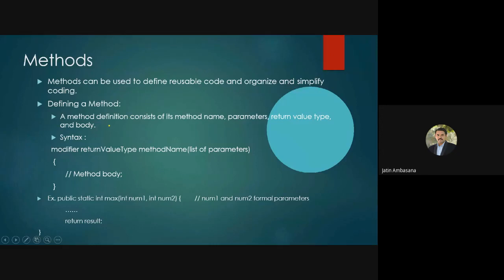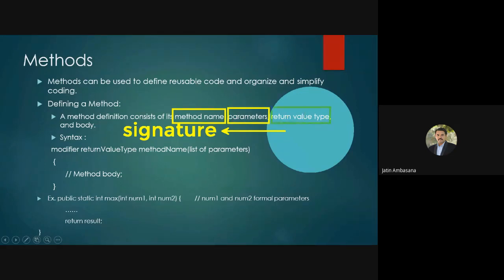So what do you need to define a method? A method has a signature, and that signature is how it is defined. The signature consists of the method name, the parameters it accepts, the types of value it can return, and the body to execute.